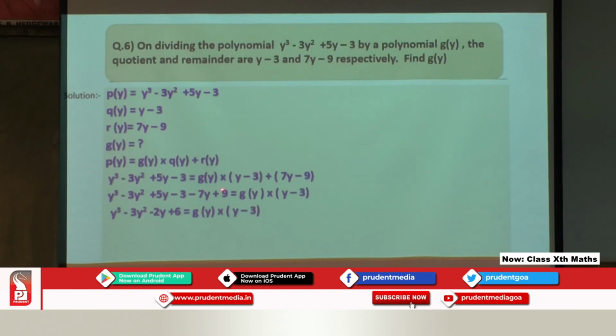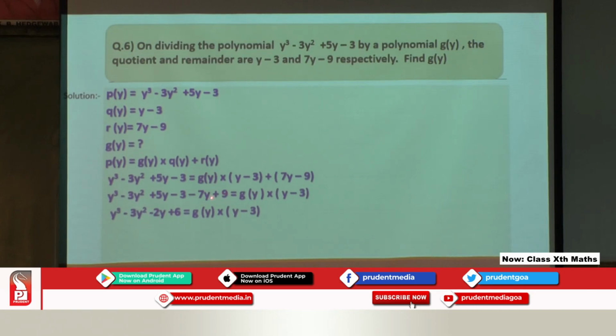After simplification, y cube minus 3y square plus 5y and here minus 7y. These two are like terms, so we subtract: minus 7y plus 5y gives minus 2y, since 7 minus 5 is 2 and the greater number is negative.